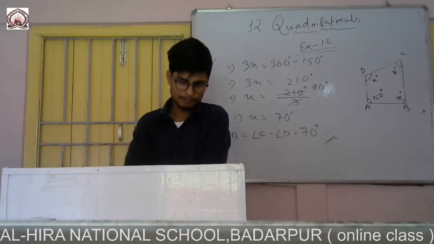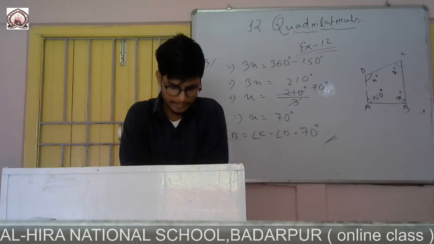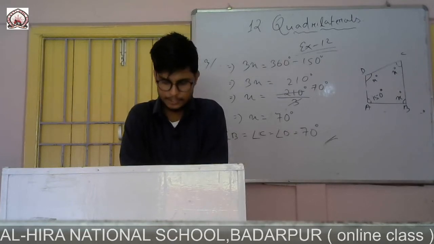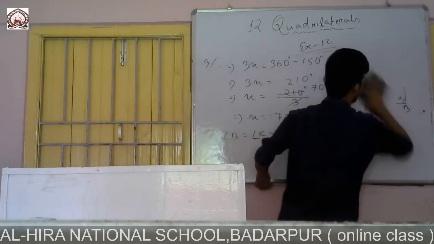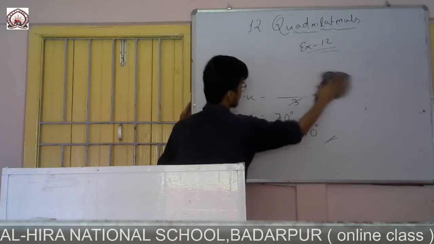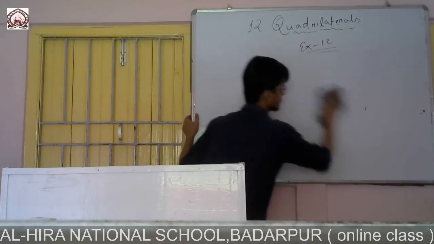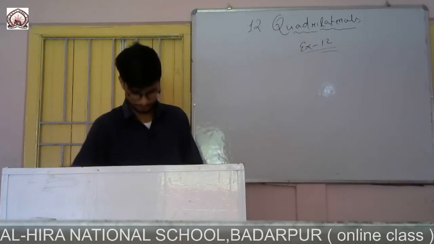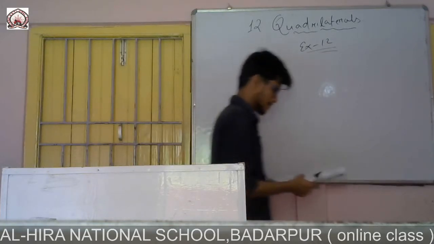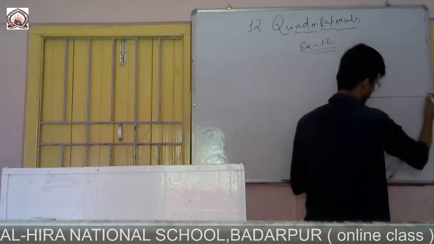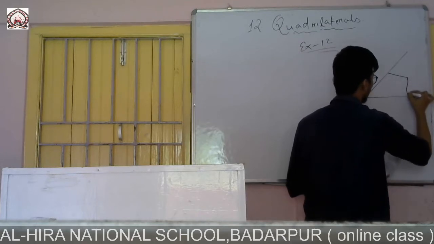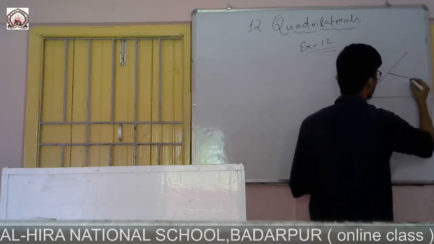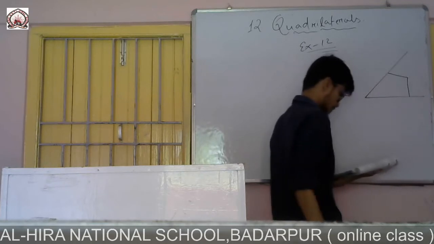So now question number 4. In the adjoining figure, P is the point in the interior of angle AOB. First of all, let me draw the diagram. A figure is given, so this is the figure.